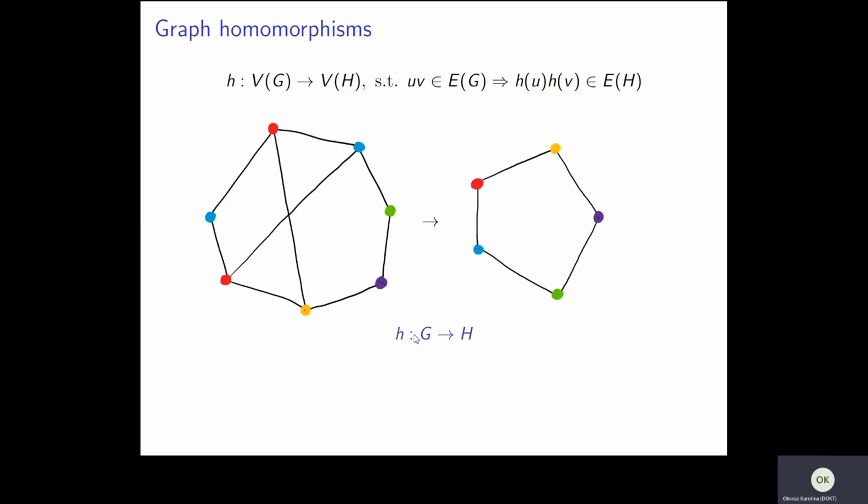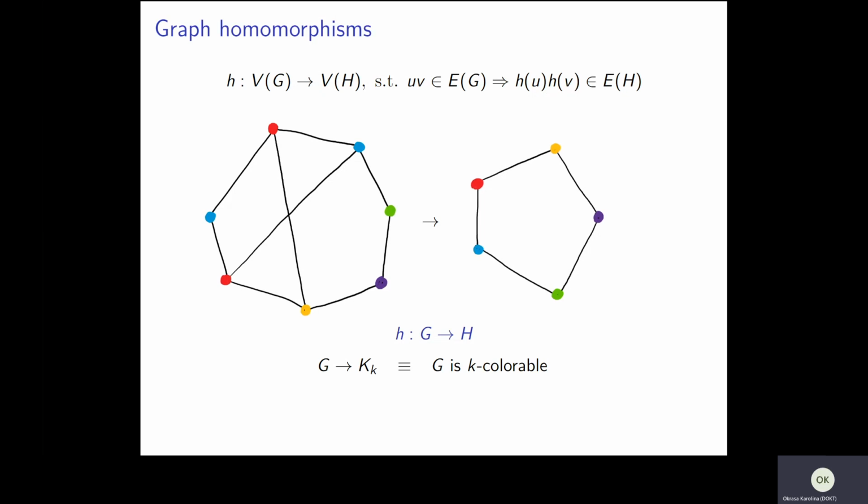So this means that h is a homomorphism from G to big H. And if the graph H is a clique, observe that this basically means that all distinct pairs of colors are possible at the end vertices of the edges of G. So this basically means that if H is a clique, then this is equivalent to the K-coloring problem.